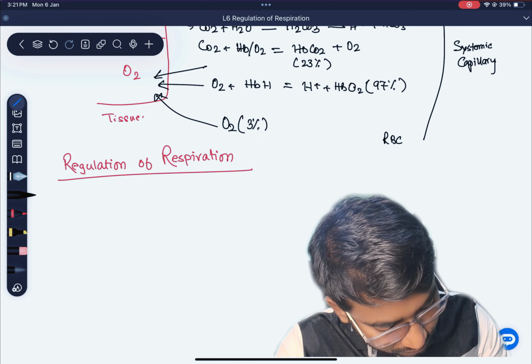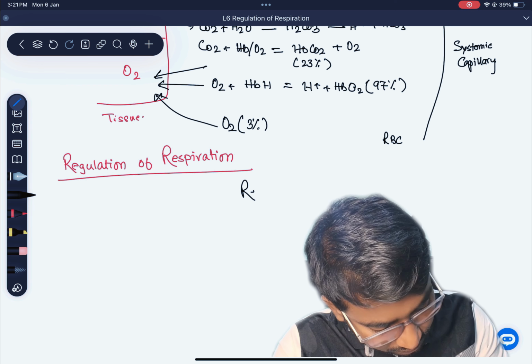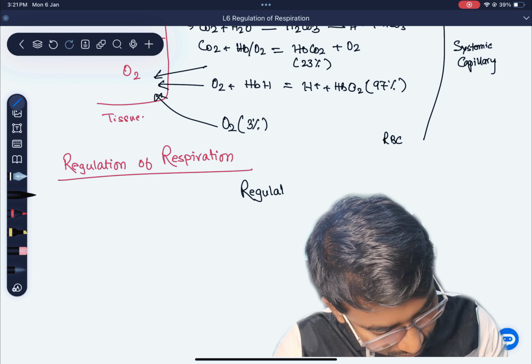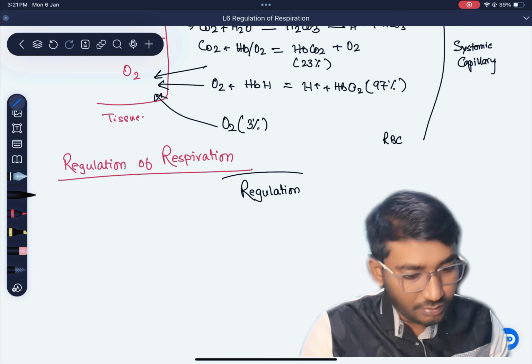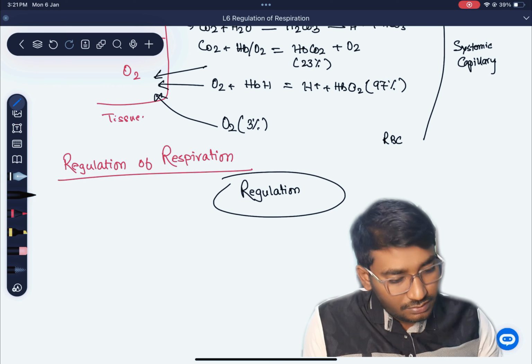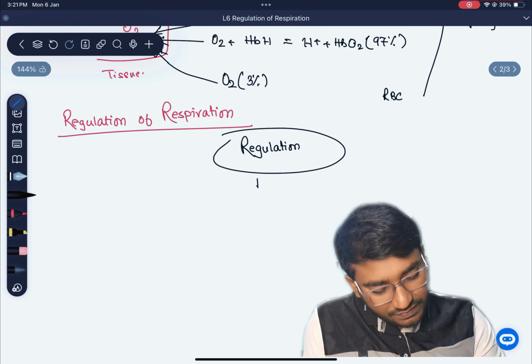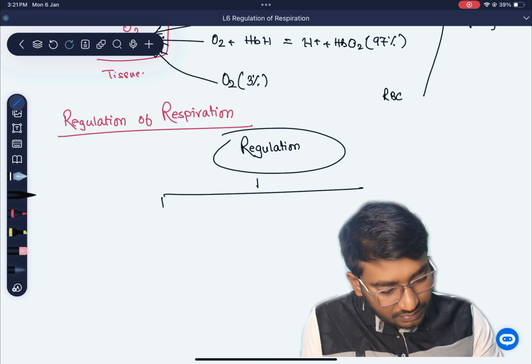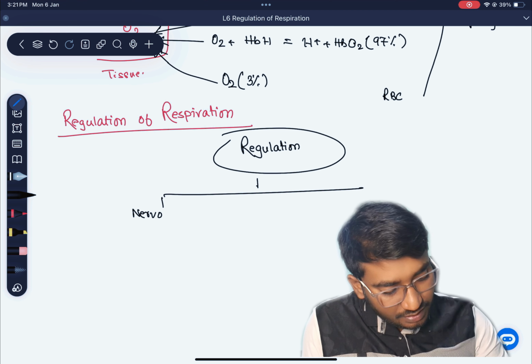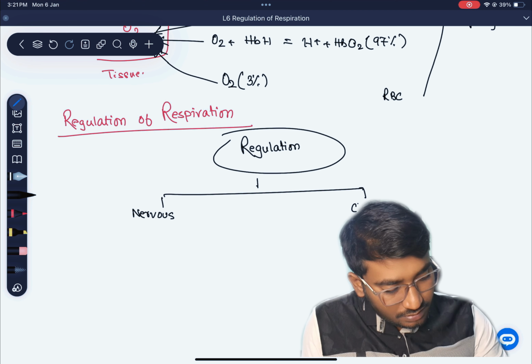It is controlled in two ways: nervous, via the nervous system, and chemical regulation.